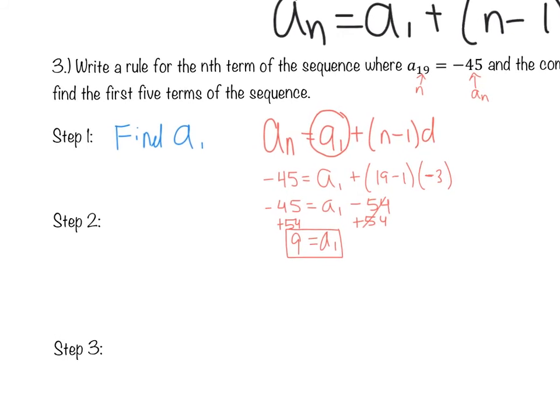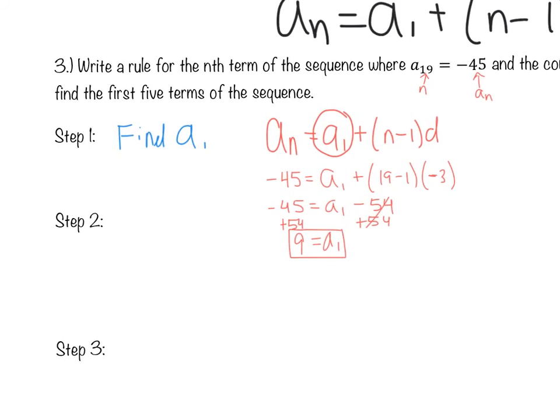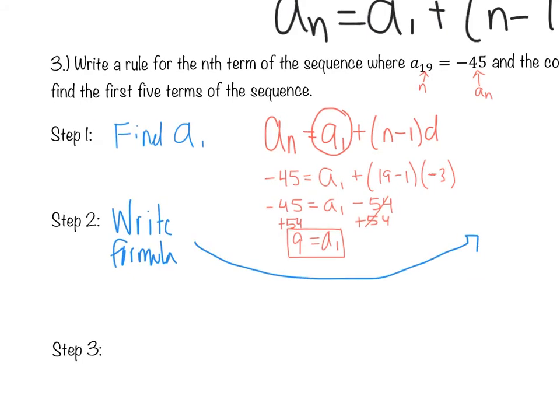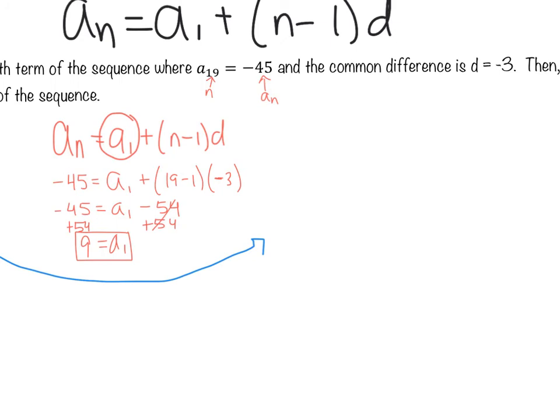So step 2 is write the formula. Okay. So now I'm going to use what we have here, and I'm going to take this and we're going to go over here to write the formula.